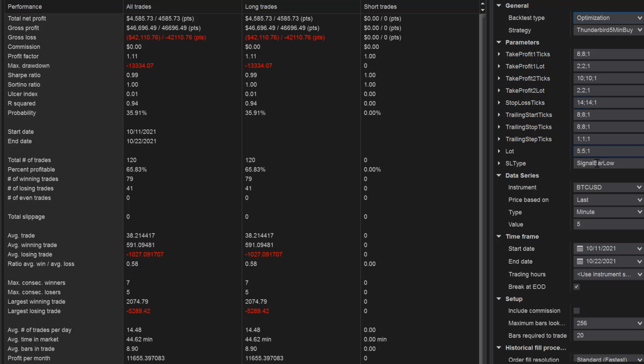Stop losses, I mean, just keep it on the signal bar low. But I know it takes too long.